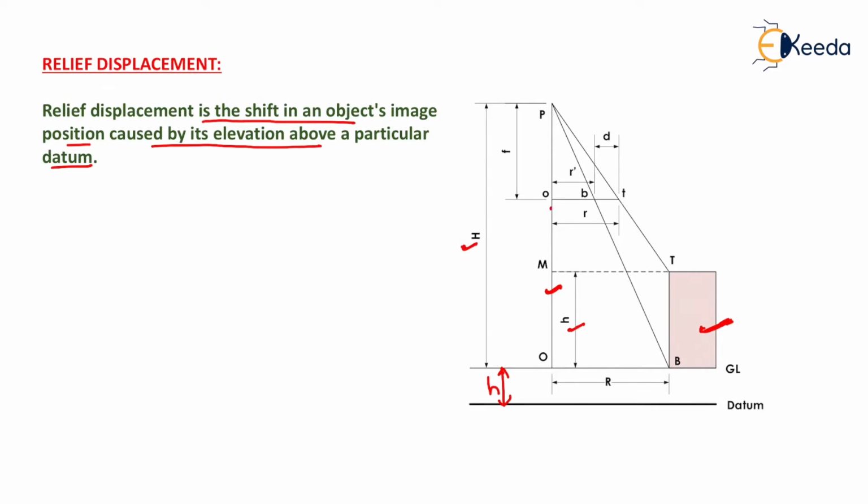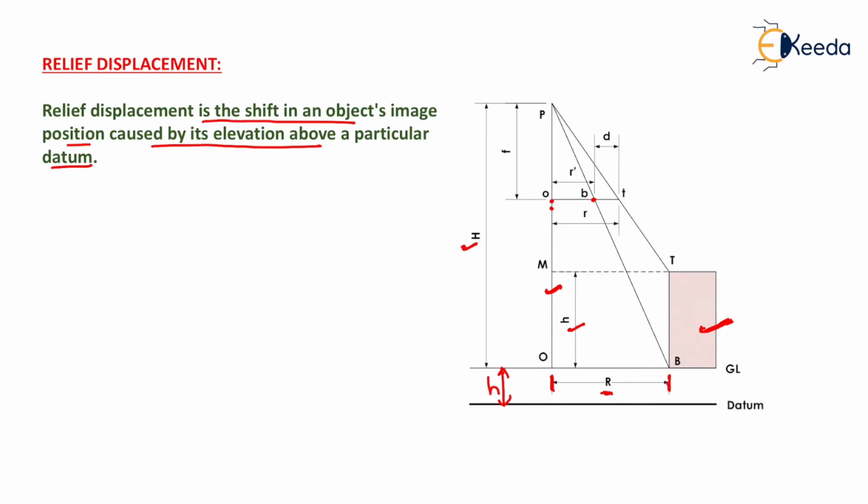From the optical axis, the distance up to the lowest point of the object is r dash, and up to the top point of the object is small r, and the distance between the optical axis and the object is capital R, which is shown here.